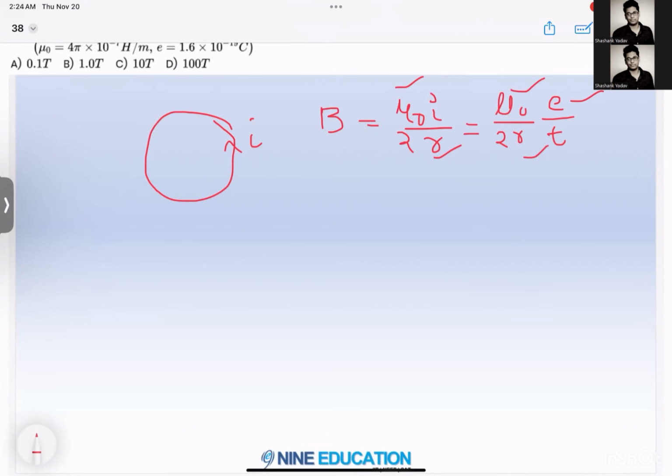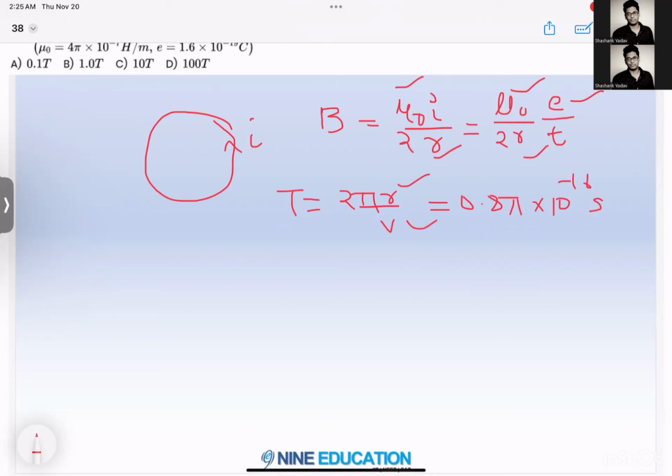To find out time period, T is given as 2 pi R by V. That is total perimeter of the circle, which is the distance covered, divided by the speed of the electron. We have the R value and we have the V value. If we substitute those two values, we'll get the time period as 0.8 pi into 10 power minus 16 seconds.